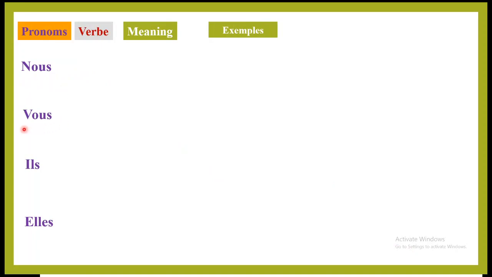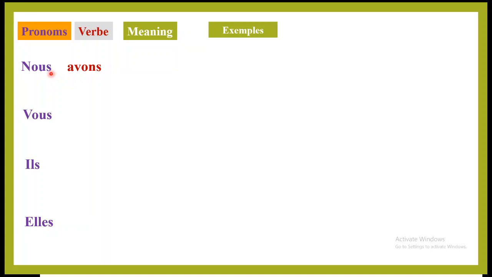Nous, vous, il, elle. Répétez. Nous avons. Nous is ending with s, and because the word avons is starting with a vowel, we combine the two, which is called liaison.